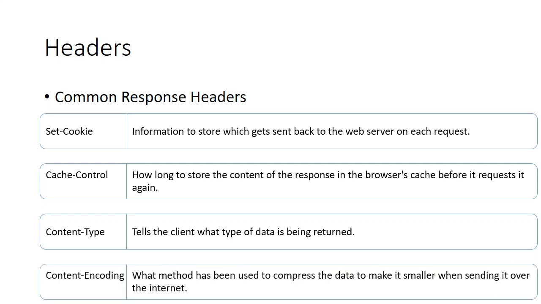And content encoding, so here it says what method has been used to compress the data to make it smaller when sending it over the internet.